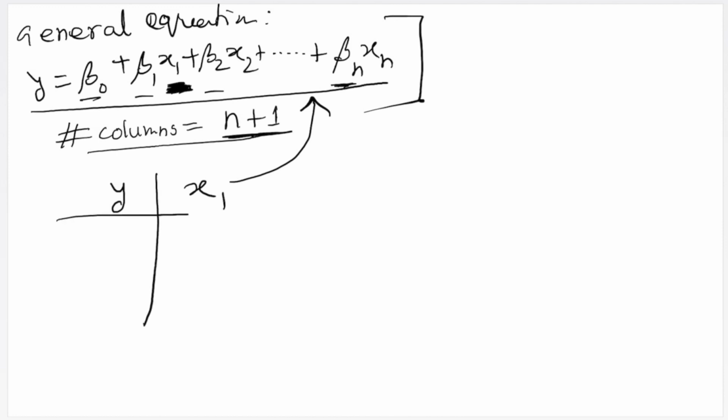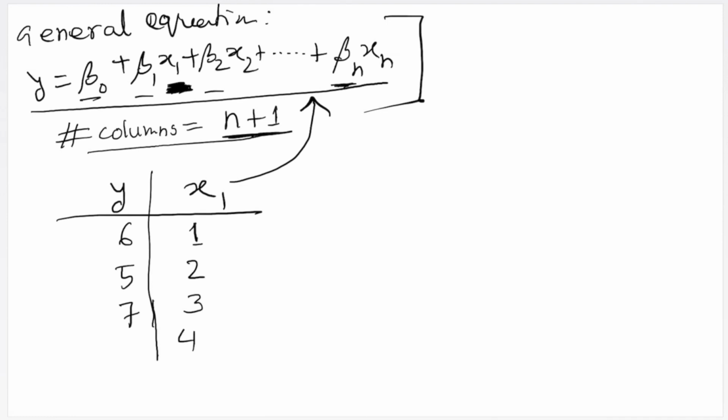Now let's actually write down the elements of the data. For 1 we have 6, for 2 we have 5, for 3 we have 7, and for 4 we have 10. So this is the data.